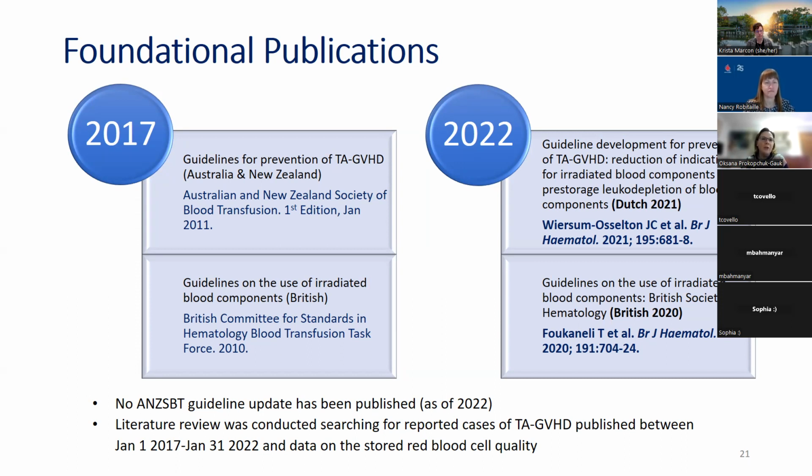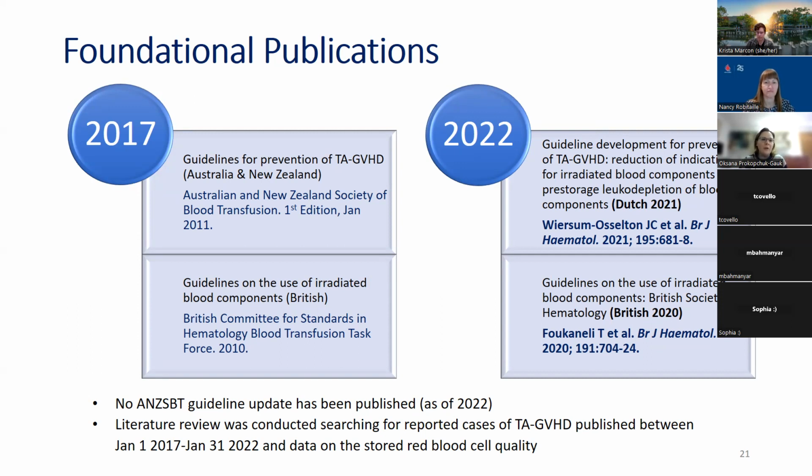So for the 2017 publication, we really heavily relied on the guidelines for prevention of TA-GVHD from Australia and New Zealand, published in 2011, as well as from the British team in 2010. For the 2022 guideline, or sorry, I should clarify, our recommendations document, because again, it's not a proper guideline, our recommendations document focused on published guidelines from the Netherlands in 2021, and once again from the British in 2020.